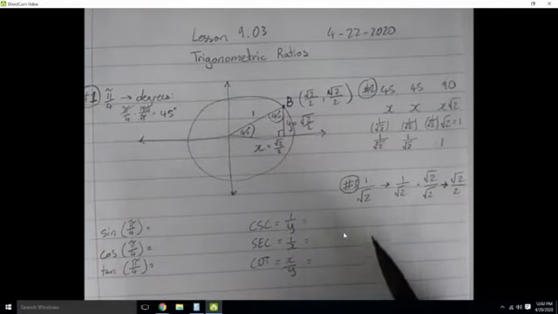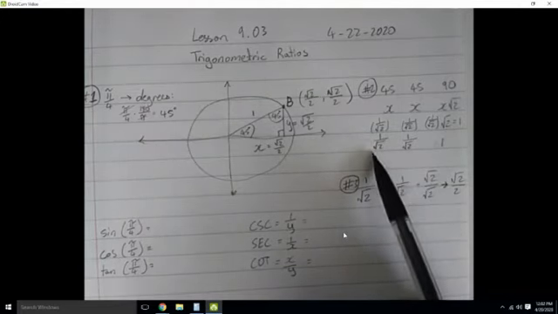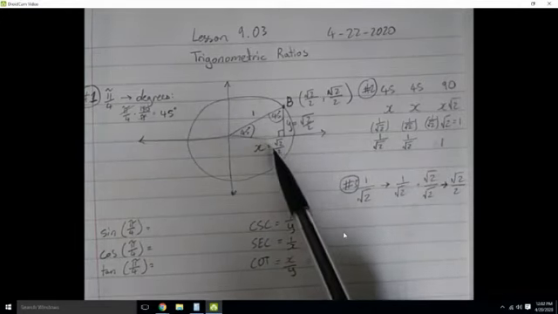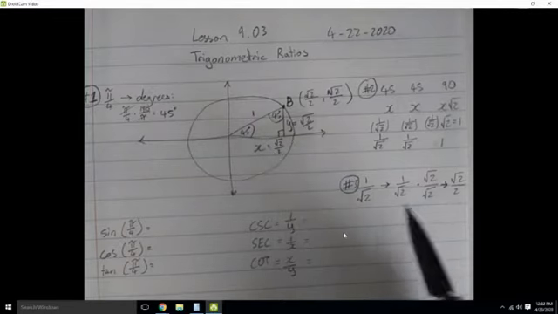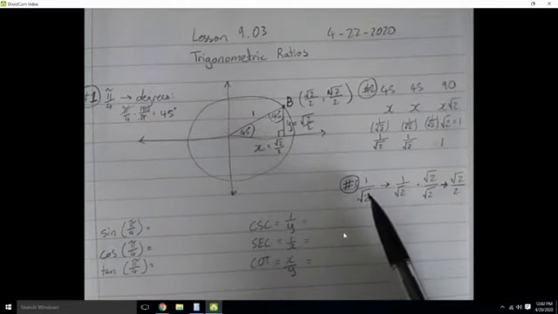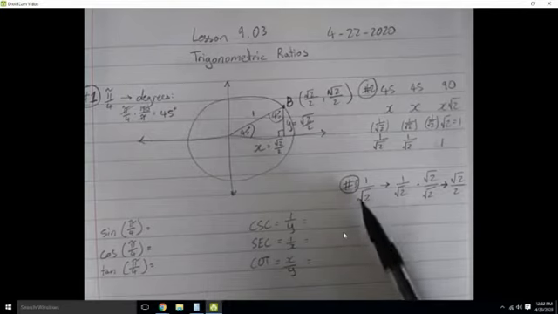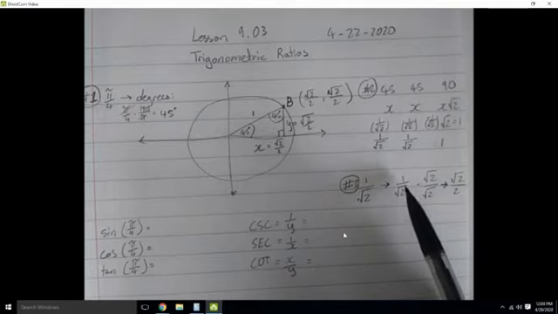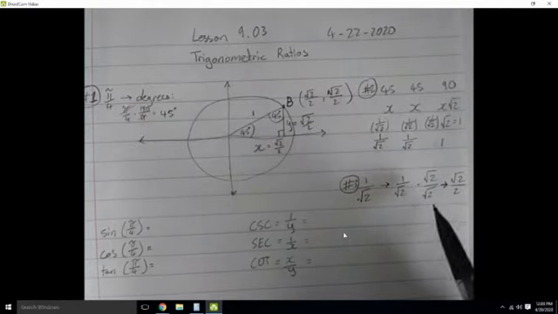Now, the third thing is, how do you go from 1 over root 2 to being root 2 over 2? Now, in math, it's always better to not have a square root in the denominator. So to fix that problem, you can multiply 1 over root 2 by 1, or in this case, root 2 over 2.